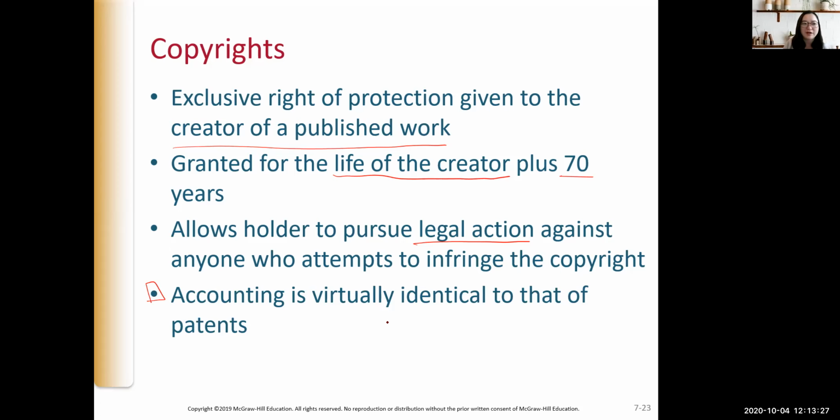But if you develop this internally, say it takes you years to write that book, or years to produce that movie, you hire so many people, writers, and build sets and so on, all those expenses actually have to be expensed on the income statement.